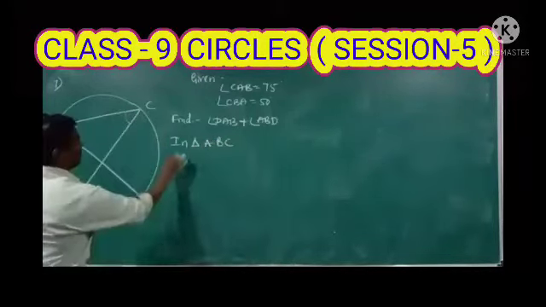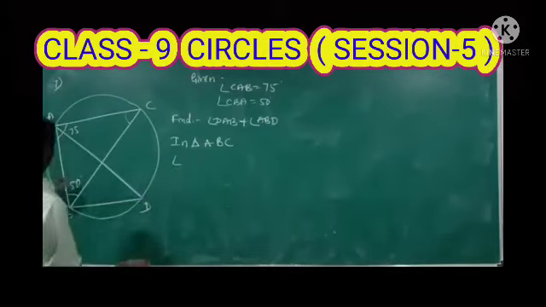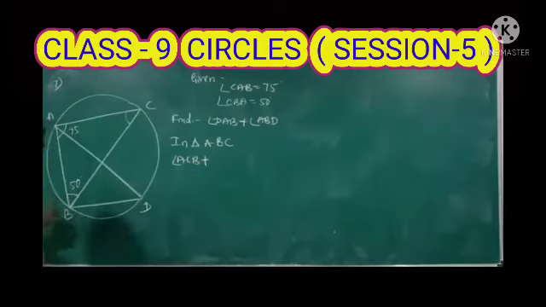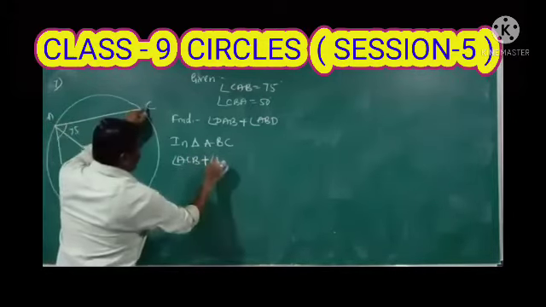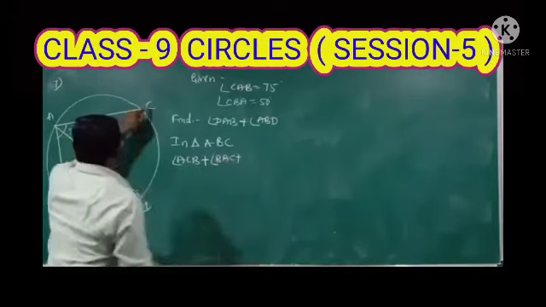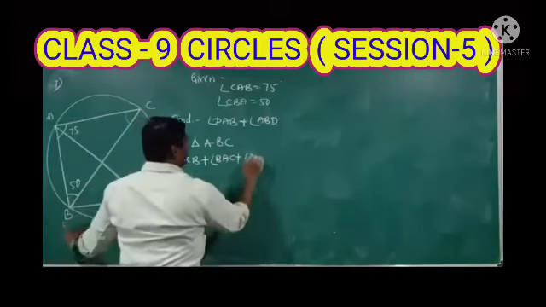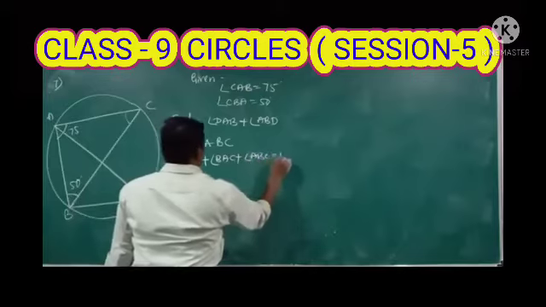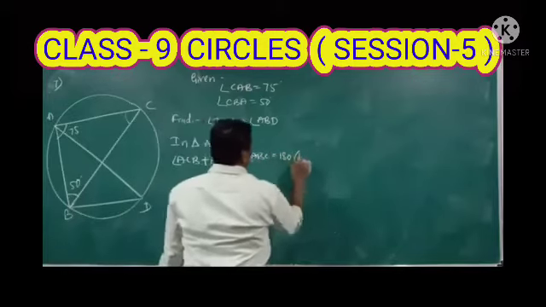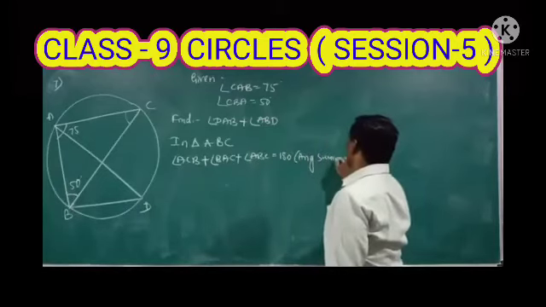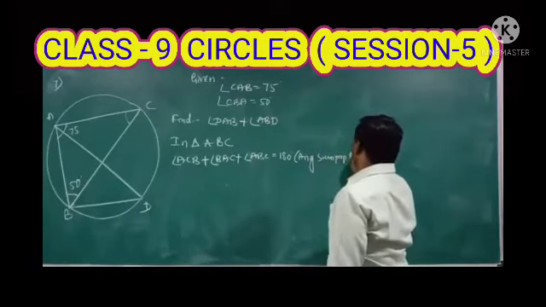What are the three angles? Angle ACB plus angle BAC plus the third angle, angle ABC, is equal to 180 degrees by the angle sum property of a triangle.